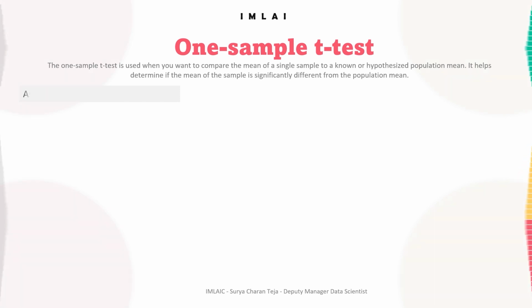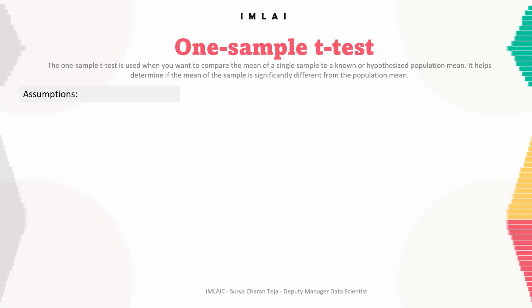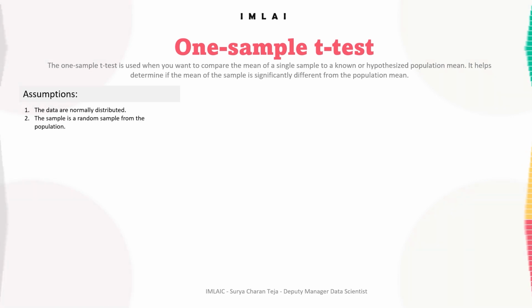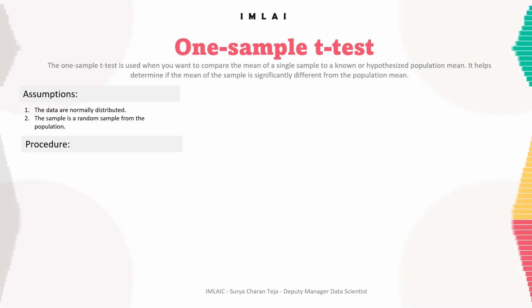Assumption number one is that the data are normally distributed and the sample is a random sample from the population. Now, what's the procedure? How does this work? The procedure is similar to the z-test that we have seen. First, formulate the null hypothesis H0 and the alternative hypothesis HA based on the research question.